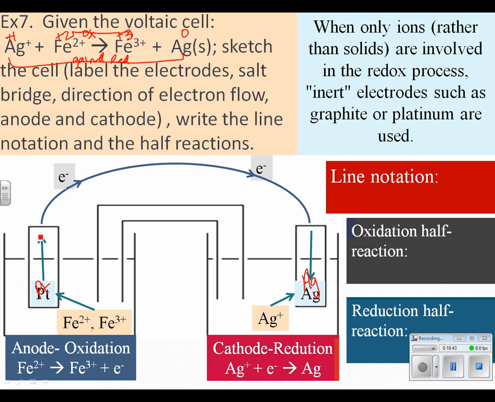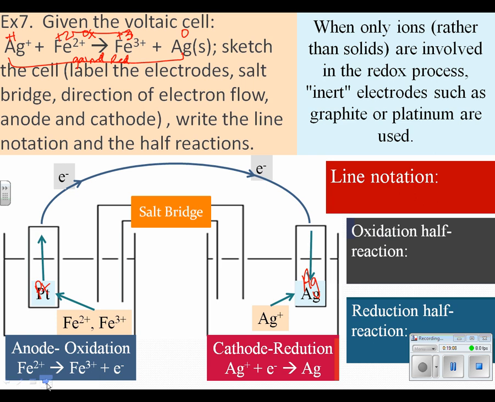Now, we would need to draw a line from our anode to our cathode, because it always goes in alphabetical order, A to C, or fat cat, from the anode to the cathode. That's why it spells out fat cat, by the way. All right, then we need to draw our salt bridge.